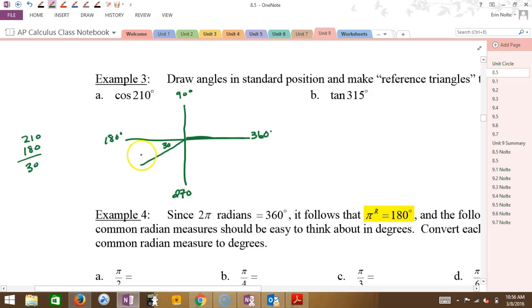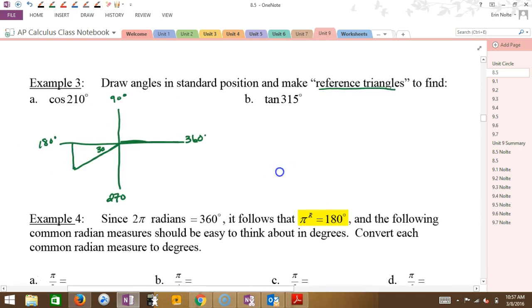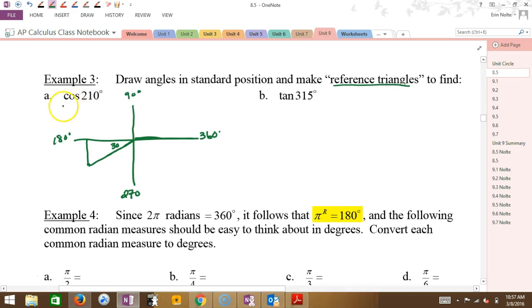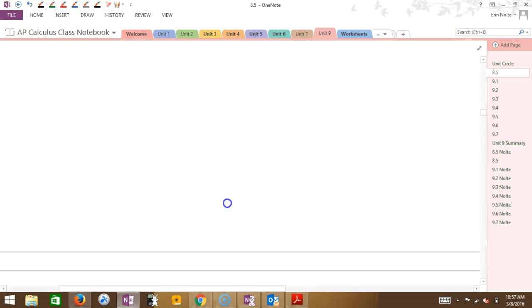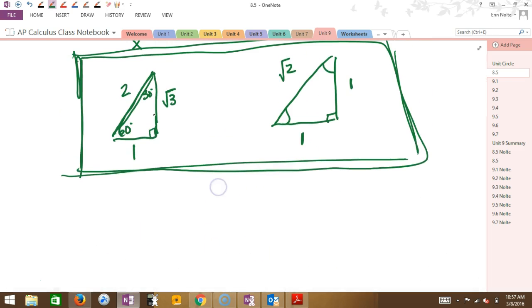Okay, so what's happening now is I'm creating this little triangle. That's what I mean by a reference triangle. It's just a triangle that's created off of the x-axis, and we want to find the cosine. Using the ratios I had up here before, I have a 30-60-90.